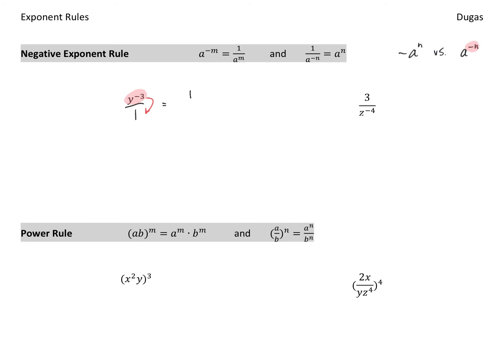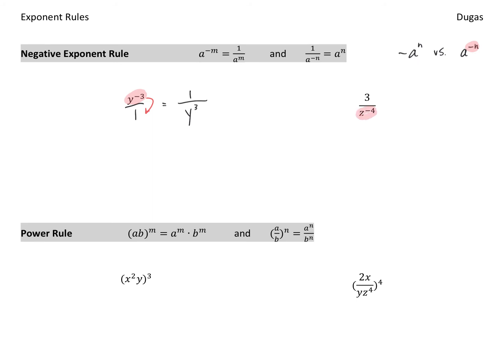So this is going to become 1 over y cubed, and that's it. You're going to be expected to always make your exponents positive. It's kind of like simplifying a fraction. They don't have to tell you to simplify your fraction. Eventually that's just kind of known. Same here. You should never end your answer with a negative exponent. You're almost always expected to make positive exponents only.